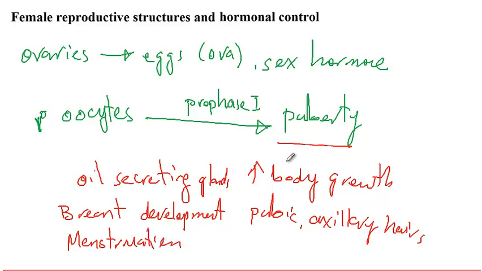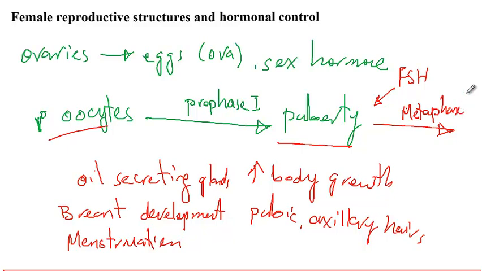What happens at puberty is that the FSH, or the follicle stimulating hormone, will act on the primary oocytes in order to reinitiate the meiosis phase. So from here on, since FSH has acted on the primary oocyte, meiosis will continue until metaphase 2.